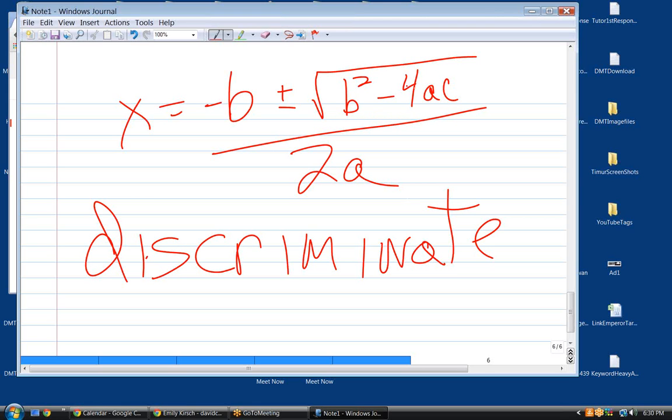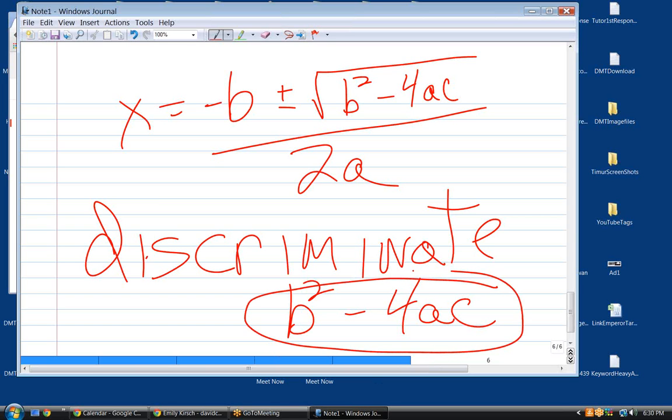Notice that if b squared minus 4ac, that's the discriminant, not the square root of that, but that's the discriminant right there. If that's positive, you're going to be taking the square root of a positive number and you're going to have real answers.